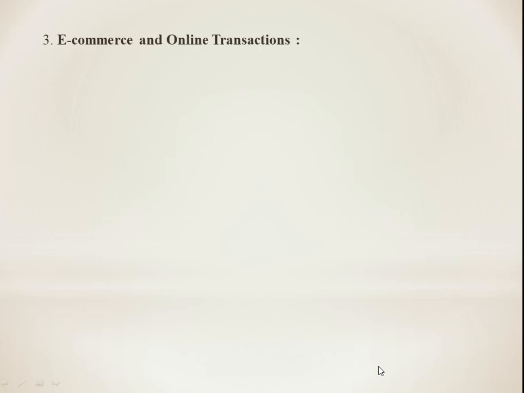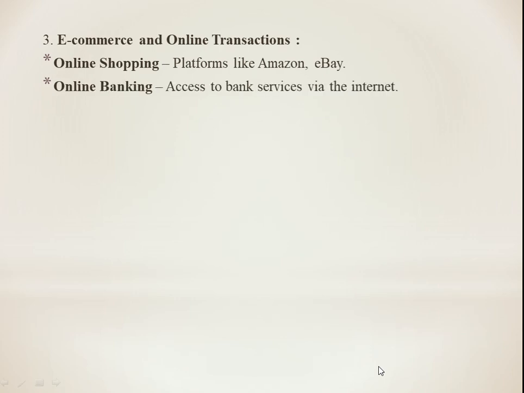E-commerce and online transactions, that includes online shopping platforms like Amazon, eBay. Online banking, access to bank services via the internet. Payment gateways, secure online payments like PayPal, then UPI, PhonePe.